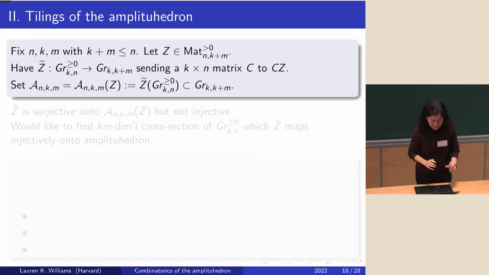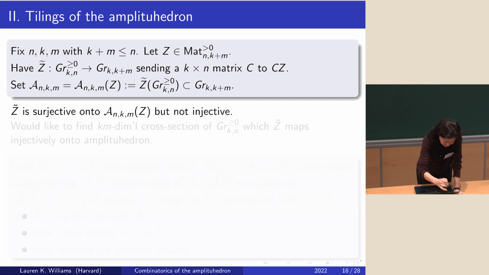This is just a review of the notion of tiling of the amplituhedron. Remember, the amplituhedron is the image of the positive Grassmannian under a map Z tilde. This map is surjective, but in general it's not injective.